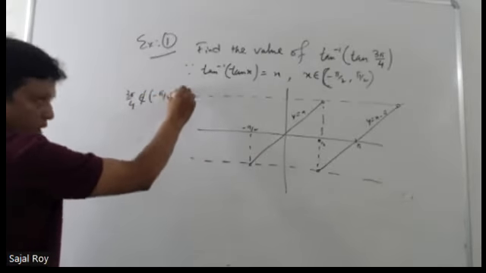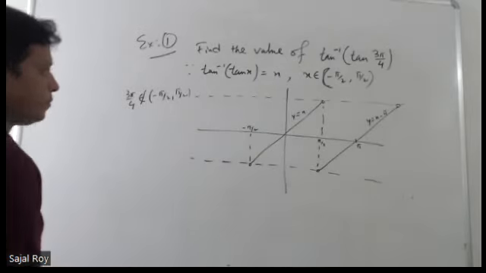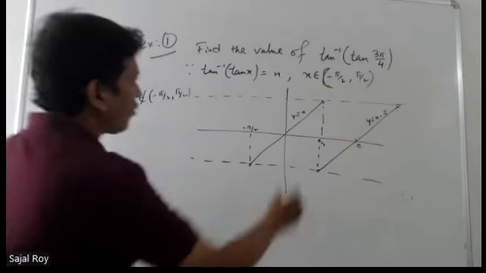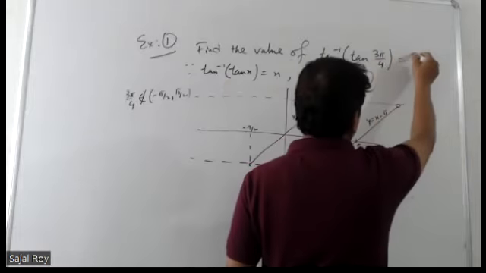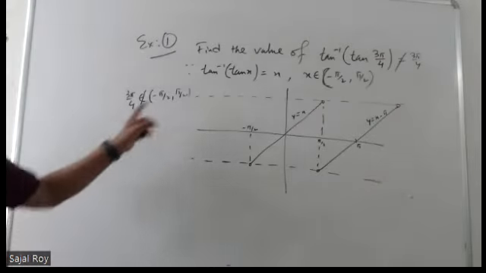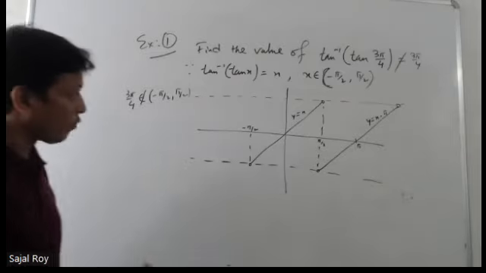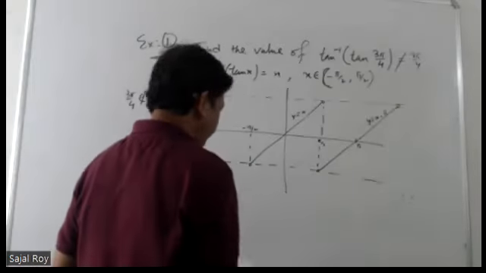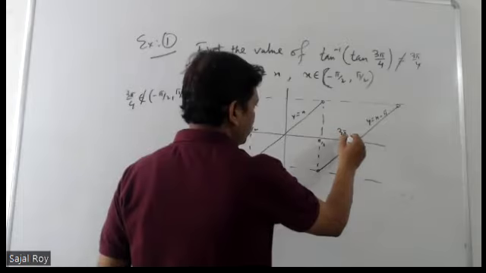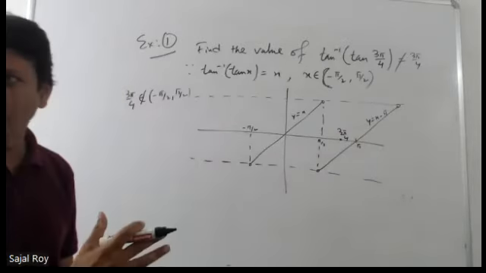I'll answer your question. Wait. So you cannot write tan inverse tan 3 pi by 4 equal to 3 pi by 4, because of this. So where is your 3 pi by 4? 3 pi by 4 would be here, less than pi.